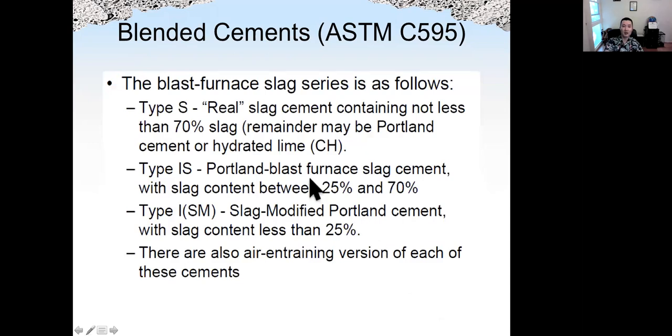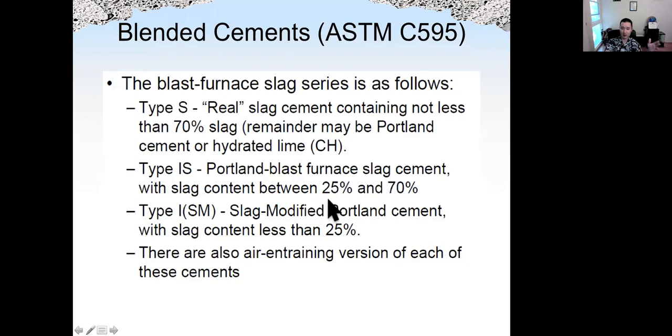All right. There's a different type of blended cement, such as type S. Okay, so slag is a byproduct of steel production. Type 1S is called Portland blast furnace slag cement.